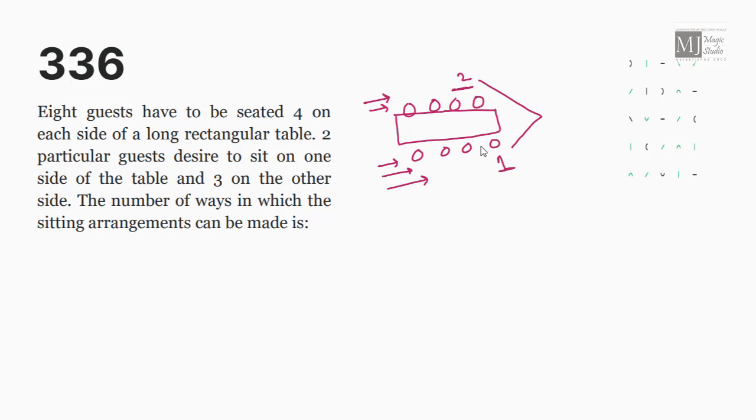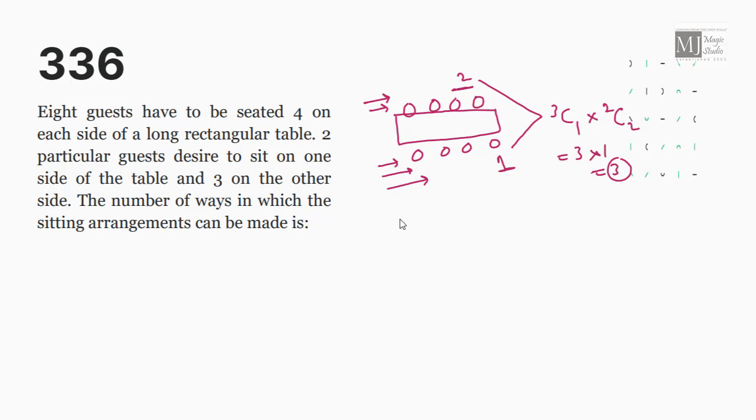From the remaining 3, I can choose 1 who would be sent to this particular portion, and from the remaining 2, I can choose 2 who can be sent to this particular position. 3C1 is 3 and 2C2 is 1. In 3 ways I can do that. Now I have 4 people on one side and 4 people on another side.